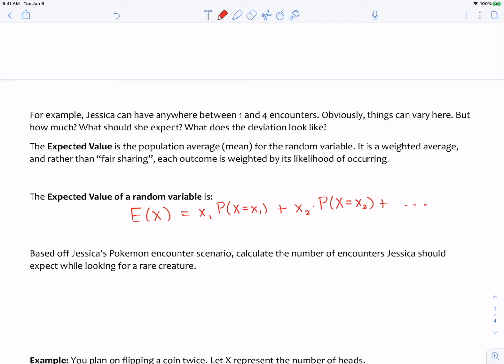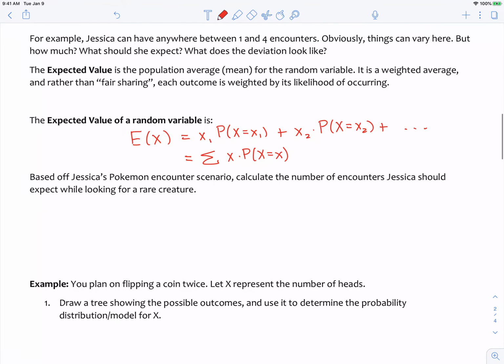And how we usually shorthand that calculation is to say that it is the sum. That's what that symbol represents, the sum of each X times the probability that X is equal to that value. Okay, and so that's how you'll usually see that formula displayed, with the summation notation.